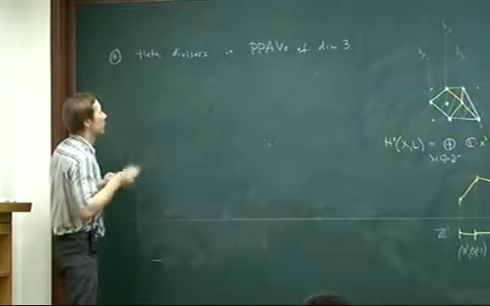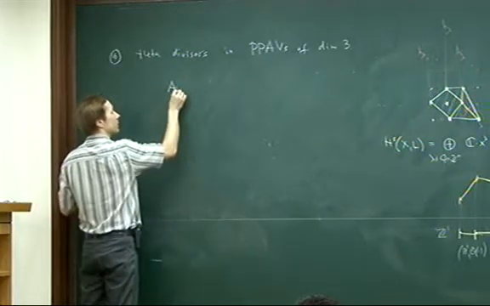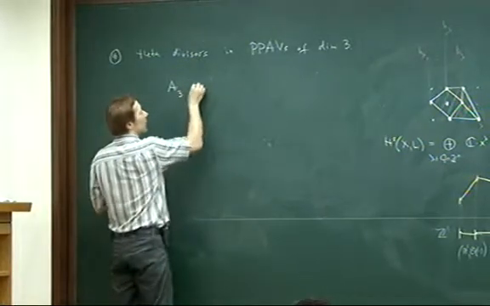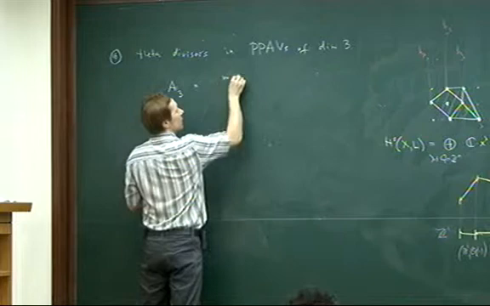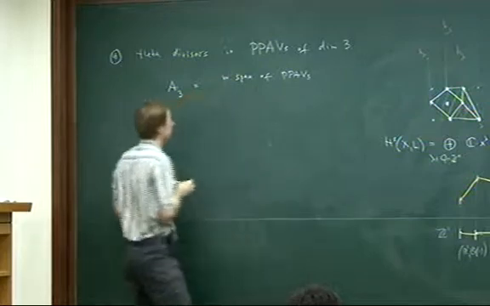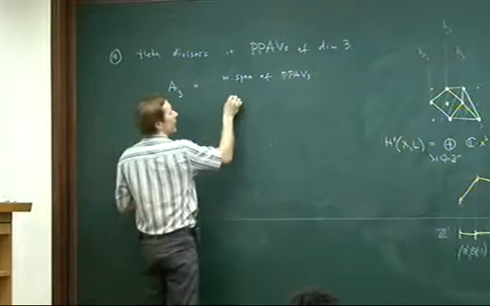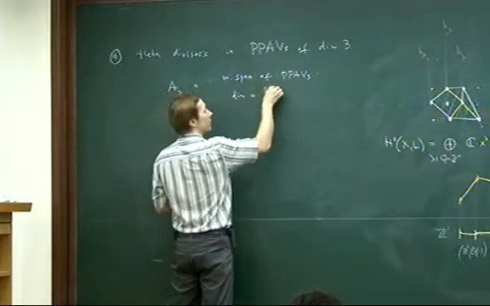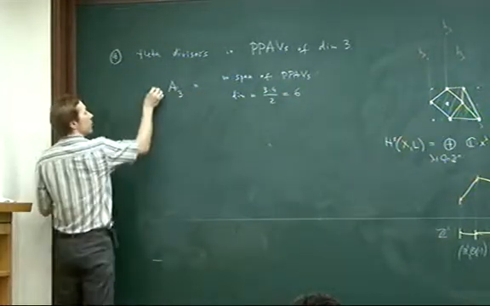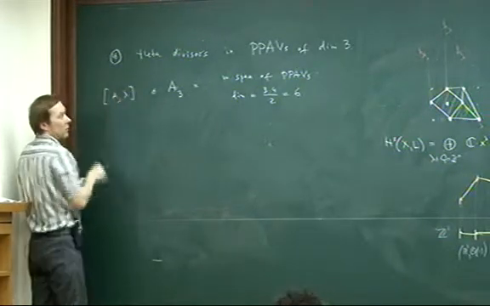And so the preliminary statement here is as follows. So we start with the space A3, and this is the moduli space of principally polarized abelian varieties of dimension 3, and the dimension of it will be 3 times 4 over 2, so it's a 6-dimensional space. And every point of this space is an abelian variety, together with the polarization.